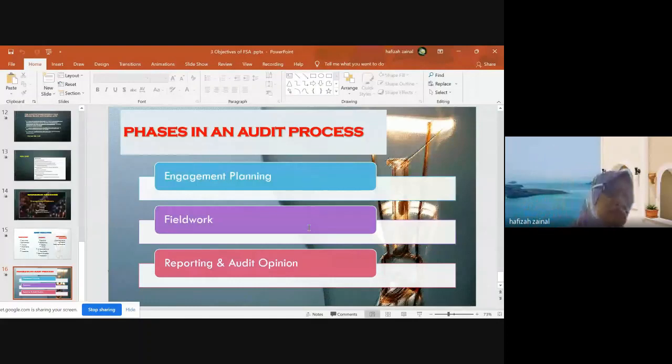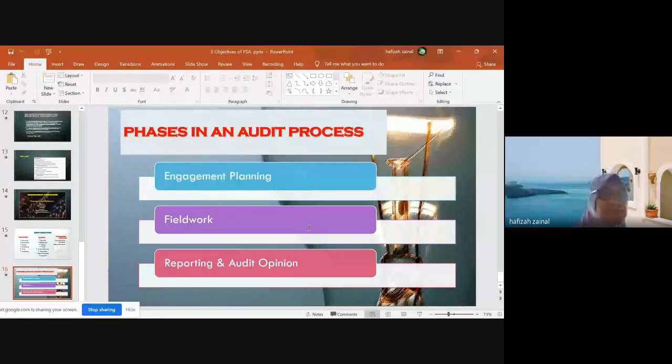I will guide you how to do the planning later on. Perhaps we do some activities for you to get some feel of how to do the risk assessment. In field work, of course, you will do a lot of vouching later on. And finally the audit report.